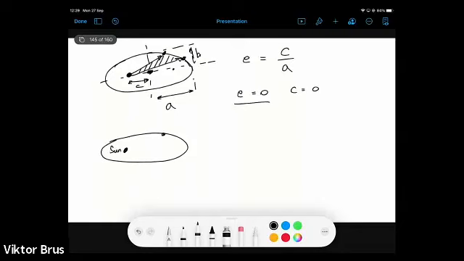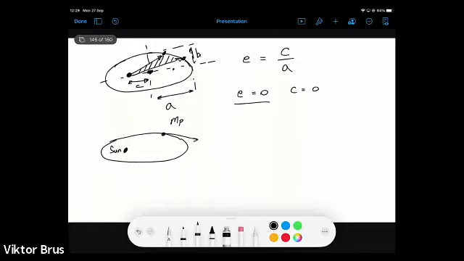Here is the planet with some mass mp. It moves with some velocity vector, and probably I need to change the orientation of this velocity vector.